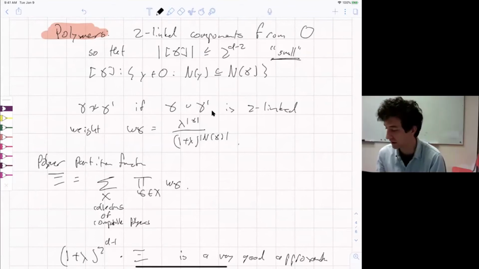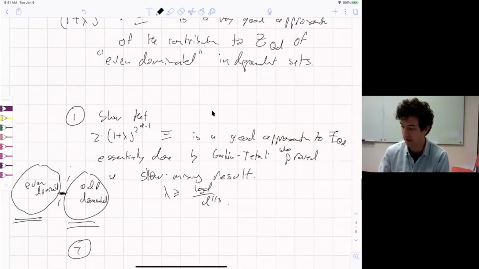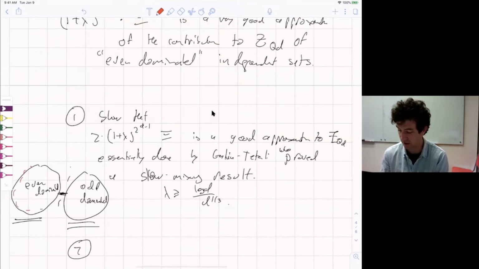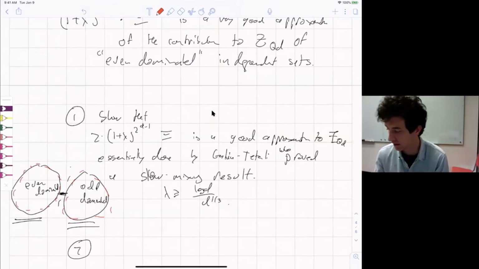So by restricting to small, we restrict the configurations, the independent sets that this polymer model partition function captures. And what we hope is that this local restriction is actually a very good approximation of some global notion of being even or odd dominated. And it turns out you can show that that's indeed the case.